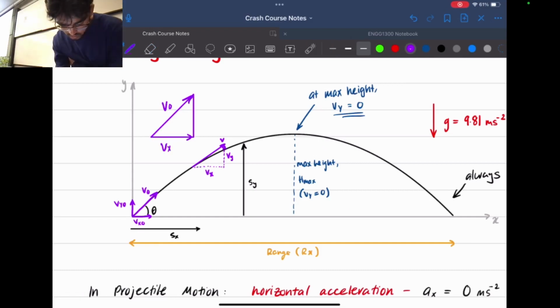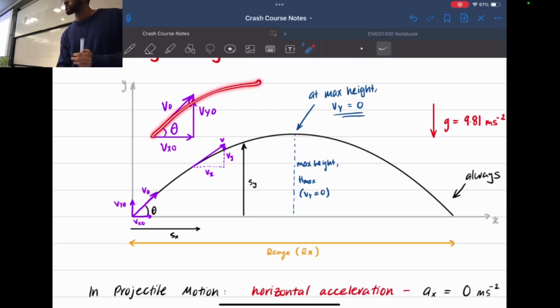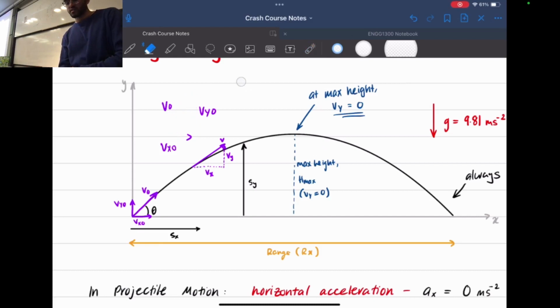This will be vx0, vy0, and the angle, in this case, will be theta. It is a parabolic path, so it should technically look something like this. But since it's such a small difference, we'll just say the angle is theta over here, even though it's not really a straight line. It's a bit curved, but we don't really care.